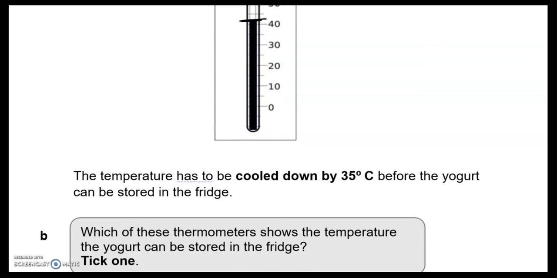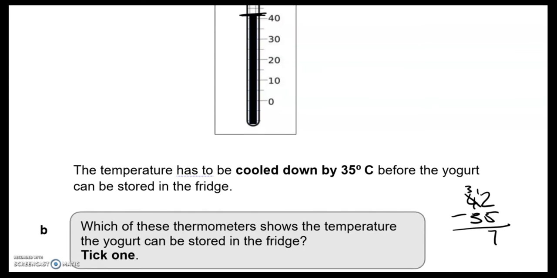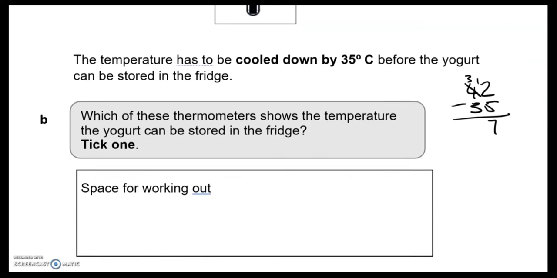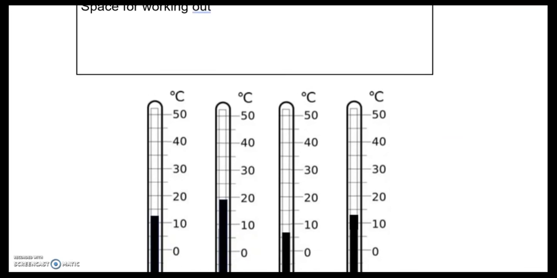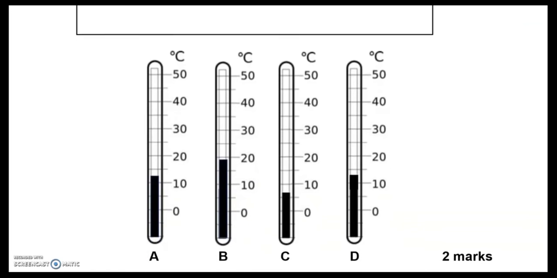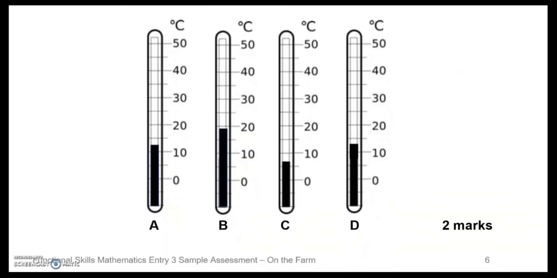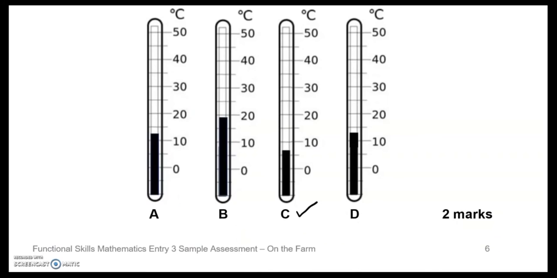So from about 42, it's got to go down by 35. So 12 take away 5 is 7. So at about 7 degrees Celsius. And we can see that it's actually option C.